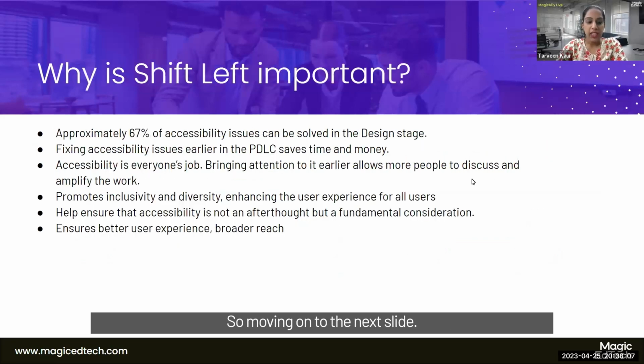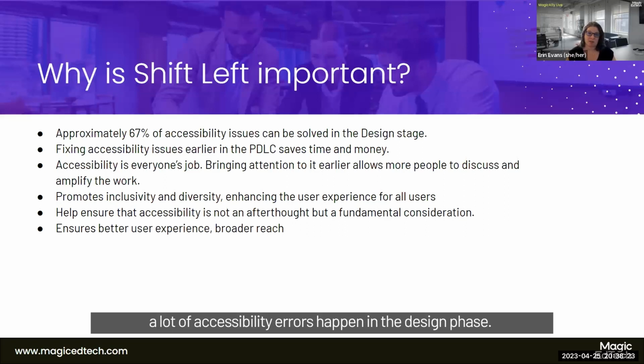So moving on to the next slide. Shift left is an important thing because it is a place where you can start finding your errors earlier. There have been some studies that show that a lot of accessibility errors happen in the design phase.